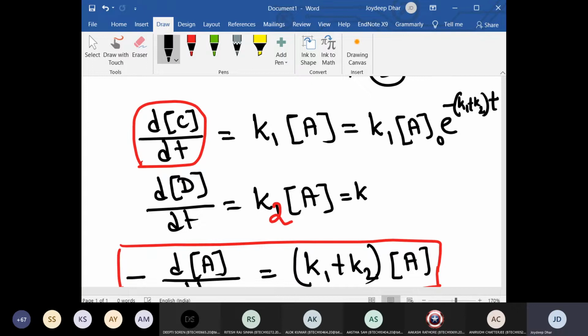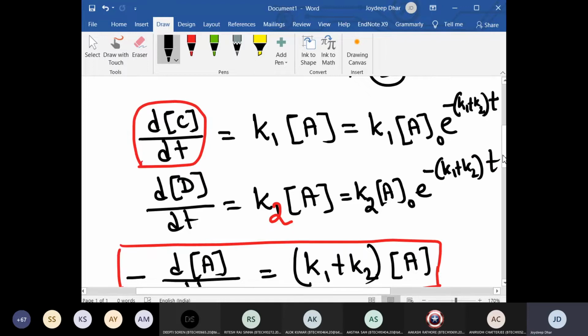then the change of concentration of D, I can write K2 into A naught e to the power minus (K1 plus K2) into T. So I have two different rate equations, the only difference is in one place it is K1, in another place it is K2.